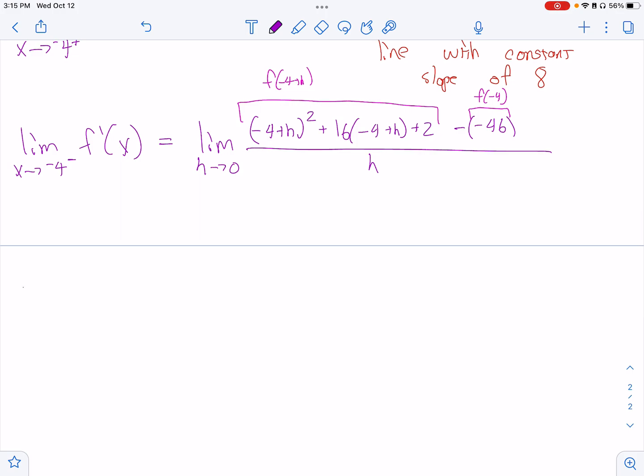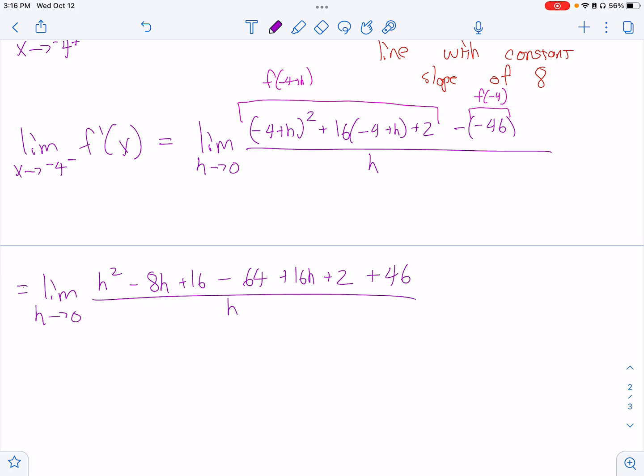So -4 plus h squared comes out to h squared minus 8h plus 16, because I write out -4 plus h and then distribute, and then distribute the 16 here, and I get minus 64 plus 16h, and then I still have my plus 2, and then I'm adding 46 all over h.